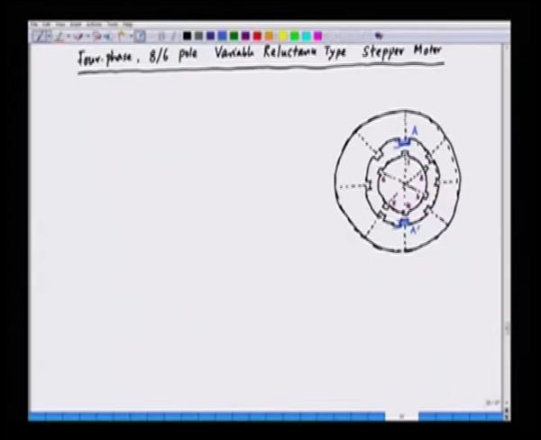Similarly, we have phase B here, and this is B prime, and so on. So, we have phase C here, and this is C prime, and we have phase D here, and this will be D prime.